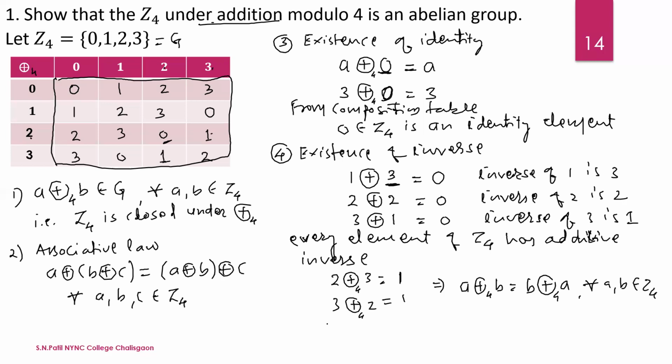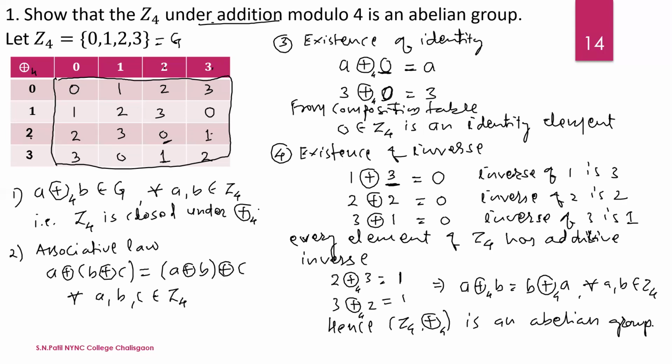Okay. Hence, the group structure Z4 under addition is an abelian group. Okay.